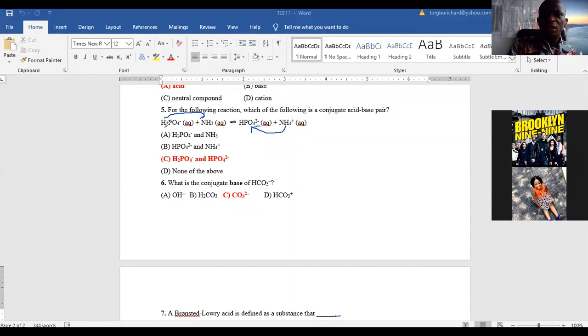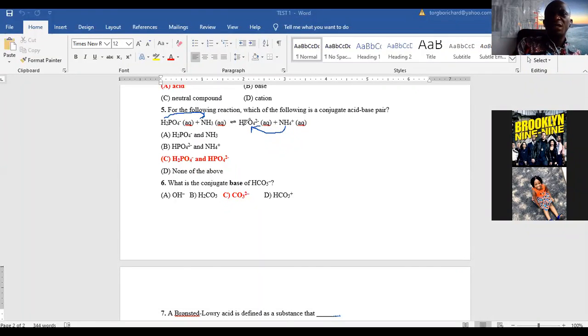This one is dihydrogen phosphate. This is the hydrogen phosphate ion. That is the only way by which the ammonium at the product side, now the reactant side, can become ammonia at the product side, previously the reactant side.